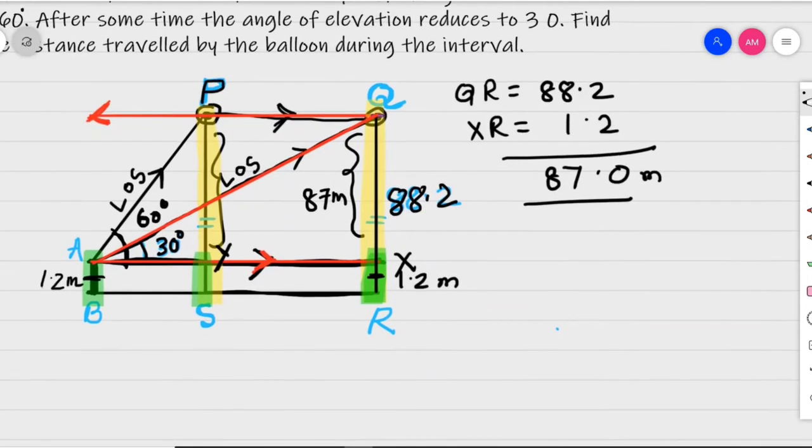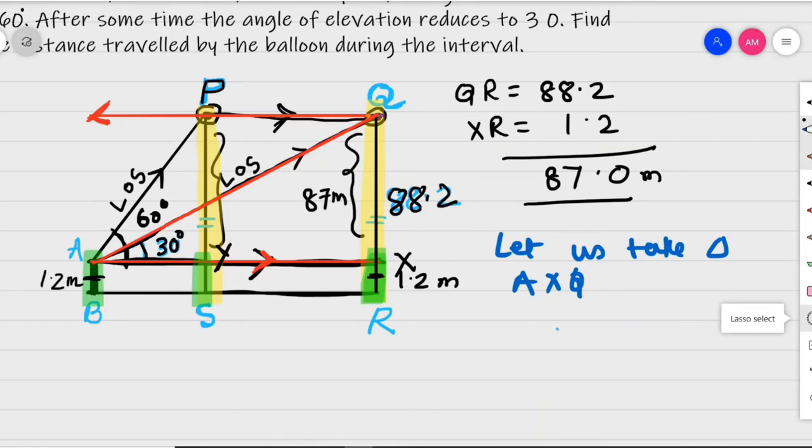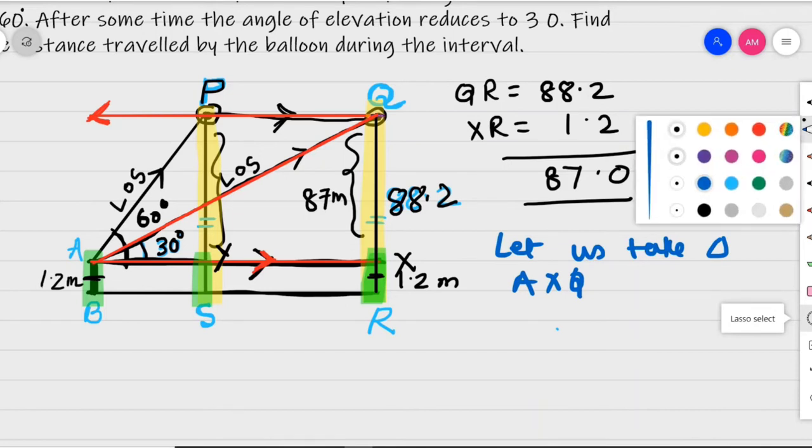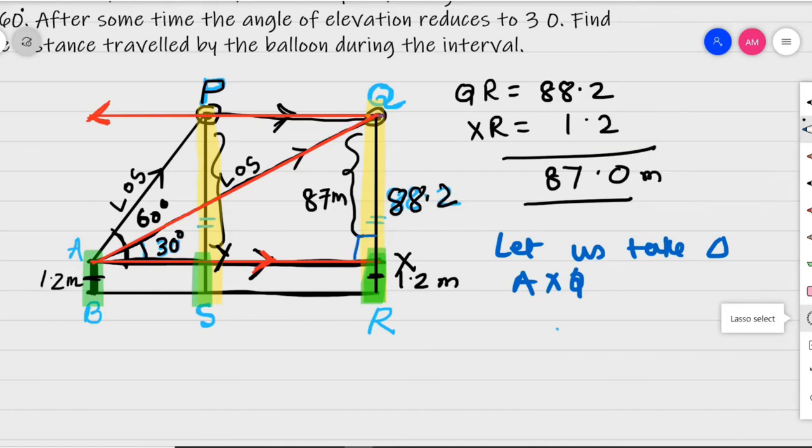Now children, let us first begin with the triangle AXQ. Can you tell me which one is your 90 degrees? This one is 90 degrees.